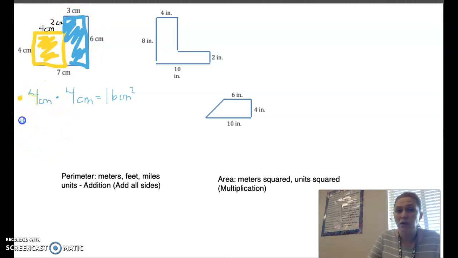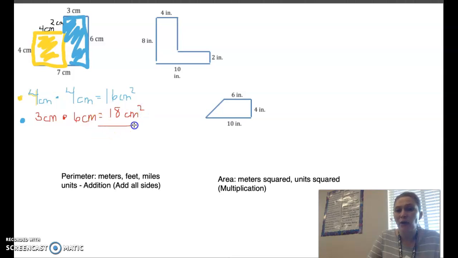So the area of this one is just going to be 3 centimeters times, and I'm just using a little dot for multiplication, 6 centimeters. And so 3 times 6 is 18. And now I have everything inside.